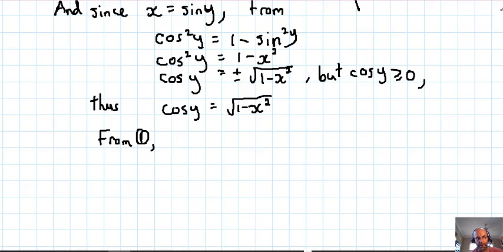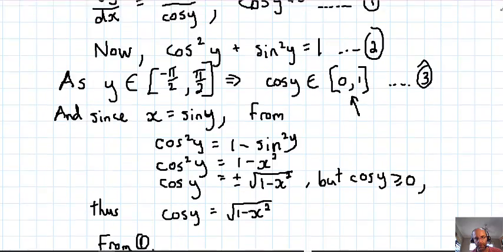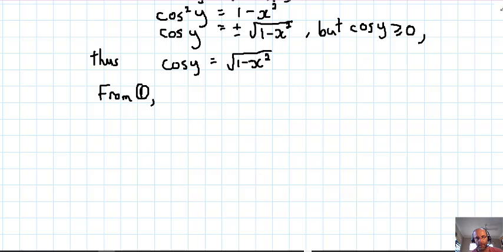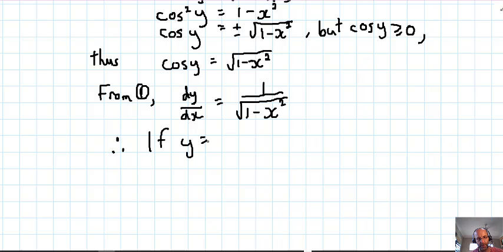Now we allude back to statement 1, which was dy/dx is 1 over cos y. So applying that, dy/dx is 1 over cos y, which is 1 over the square root of 1 minus x squared. Therefore, if y equals inverse sine of x, dy/dx is 1 over the square root of 1 minus x squared.